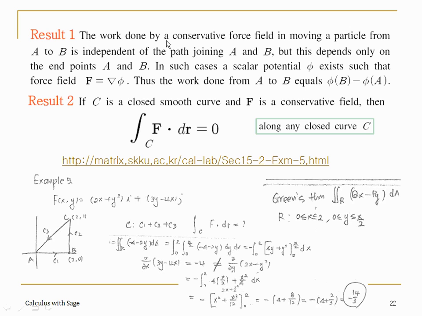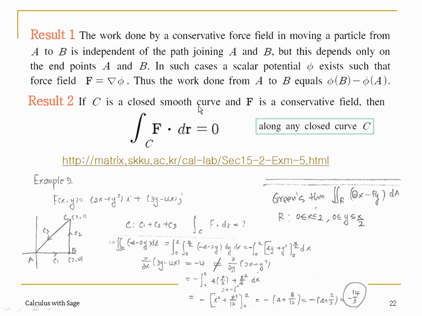The work done by a conservative force field in moving a particle from A to B is independent of the paths joining A and B, but depends only on the endpoints A and B. In such a case, a scalar potential phi exists such that the force field capital F is the gradient of phi, then the work done from A to B equals phi of B minus phi of A. So work can be easily found if we can find the potential function, phi.